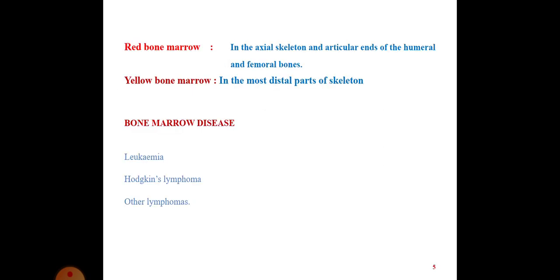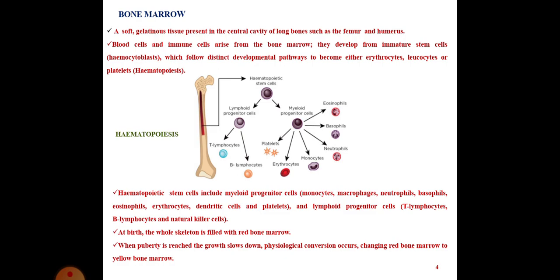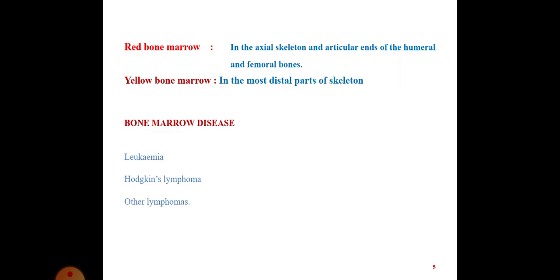At birth, the whole skeleton is filled with red marrow, but at puberty growth slows down and a physiological conversion occurs, changing red bone marrow into yellow bone marrow. Red bone marrow remains in the axial skeleton and articular ends of the humeral and femoral bones. Yellow bone marrow is present in the most distal parts of the skeleton.